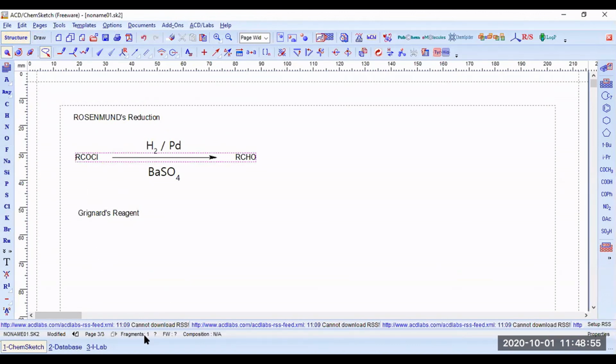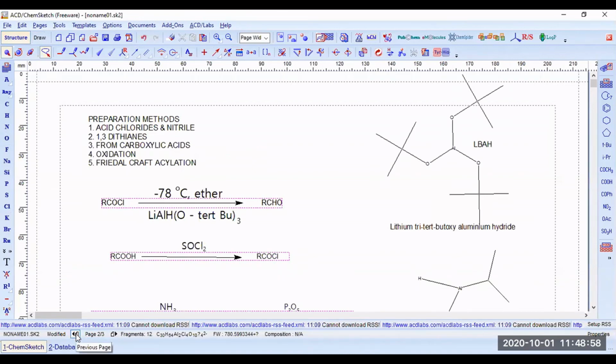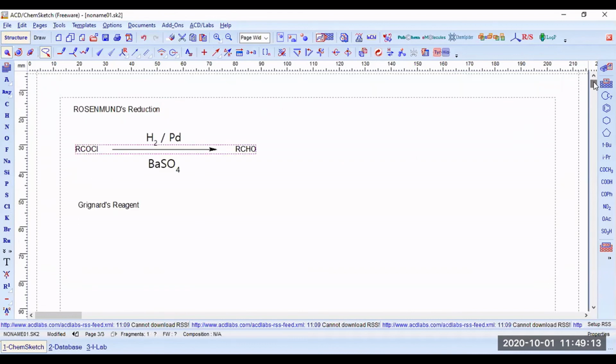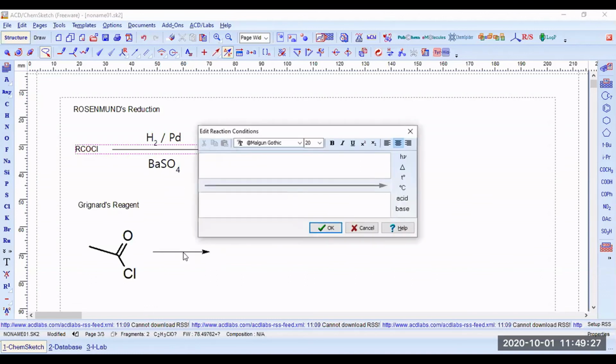Here, RCOCl, if you are treating it with Grignard reagent, what happens? We know the structure of Grignard reagent, simply RMgX.